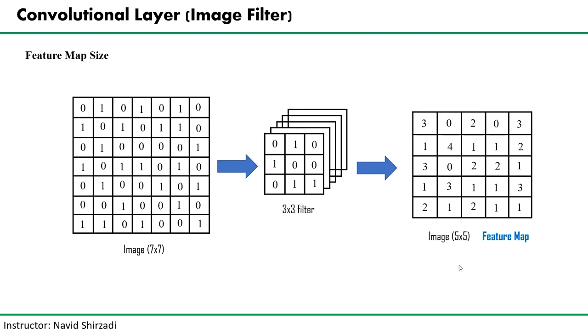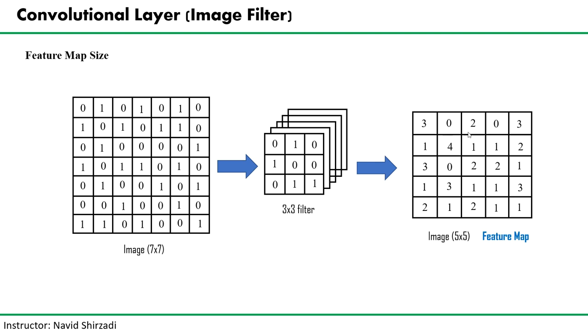So the final filtered image, or what we call a feature map, is something like this. If we apply our 3x3 filter on our image, we have something like this. So imagine that we are not just applying one filter, we are applying several filters on our image. And at the end, we have several feature maps as well, based on the number of filters that we apply.